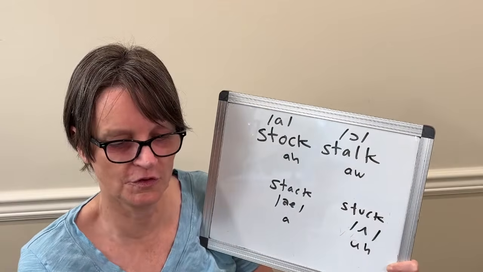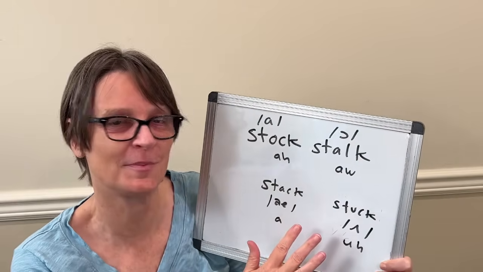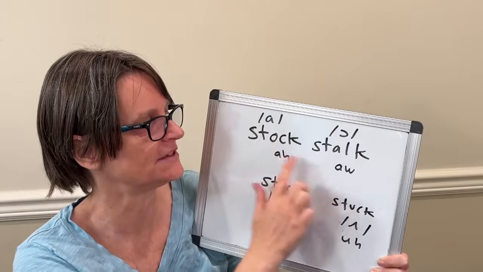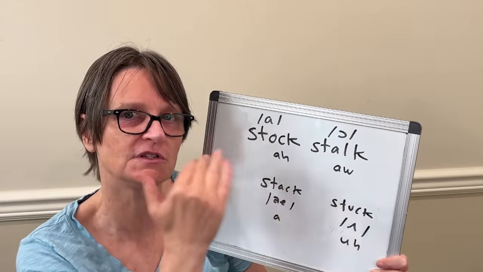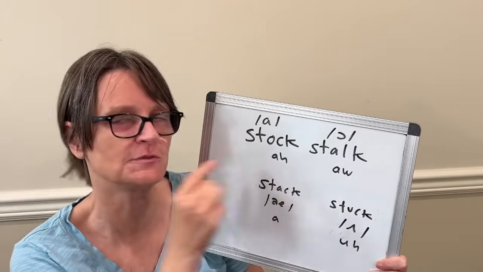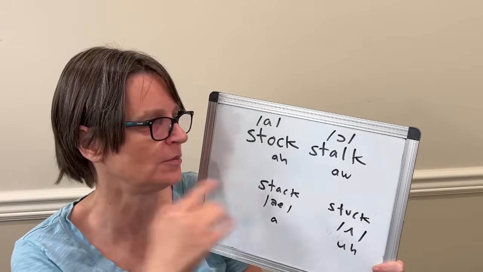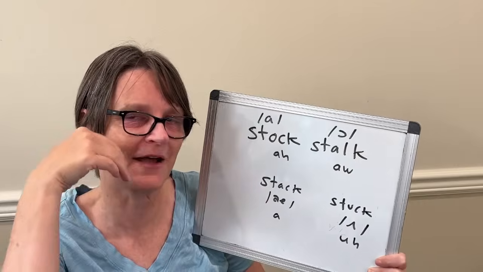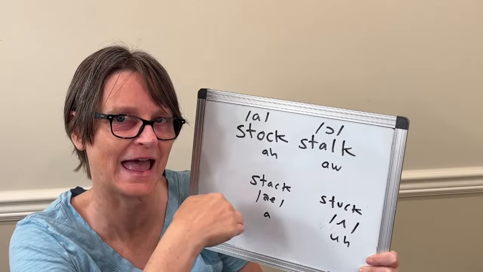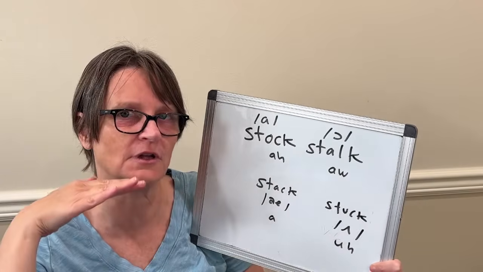Again, for those kinds of contrasts, do check out my minimal pairs playlist and also my Sounds of English course to walk you through how to hear those differences, where they're made in the mouth. This one is open, fully open. This one's rounded and open. This one's back of the tongue lifted, front of the tongue forward. This one is whole tongue is central.